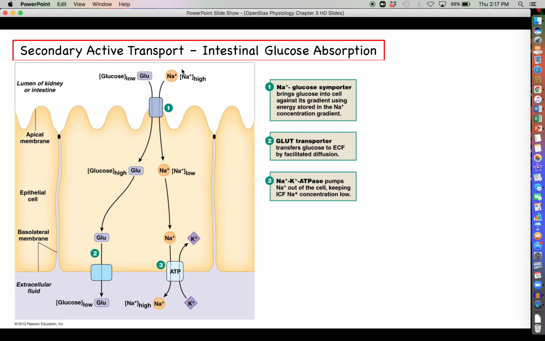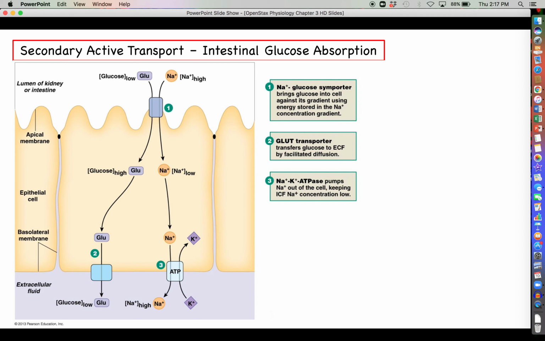Then, once we cross the apical membrane, that nutrient molecule is going to be inside the intracellular fluid of that cell. Well, that's not really where we want the nutrient. We want it down here in the extracellular fluid, which is going to include the blood plasma. So once the glucose in this case is inside the cell, it needs to cross down through this bottom membrane, which is called the basolateral membrane.